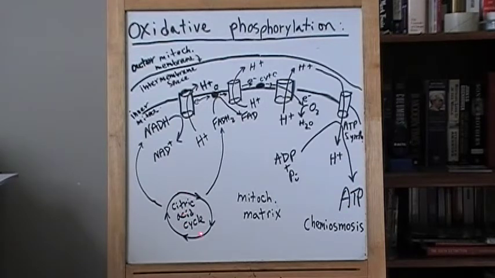So we had a small amount of ATP formed in the citric acid cycle and in glycolysis, but chemiosmosis generates a lot more. It generates about 15 to 20 times as much ATP. So this is where most of the ATP is formed, is in chemiosmosis.